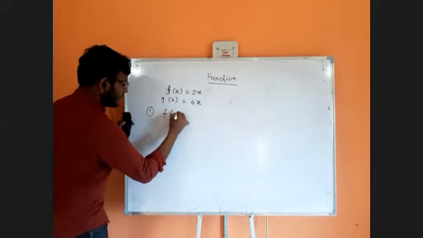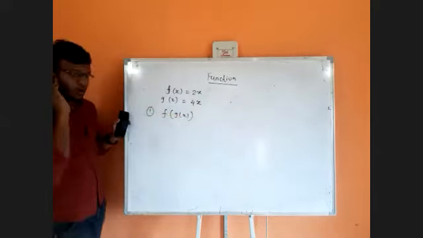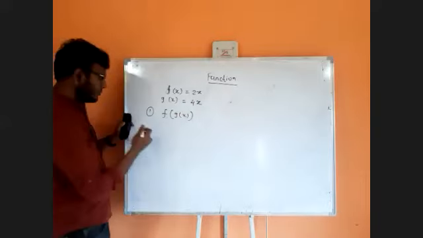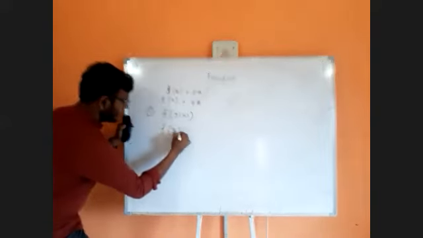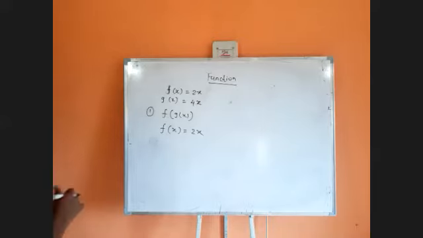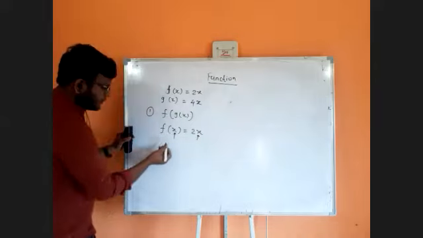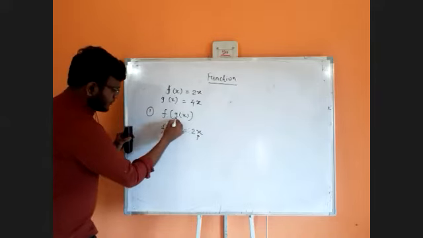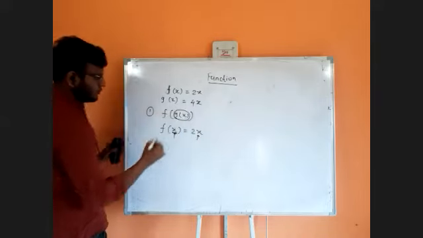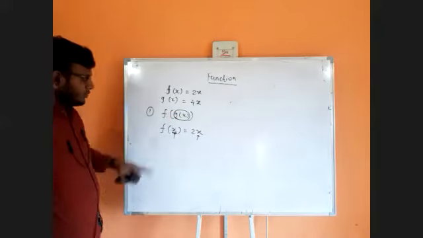So first is f of g of x. f of x is 2x. It means now I am no more able to put x over there. I have to put g of x over there.